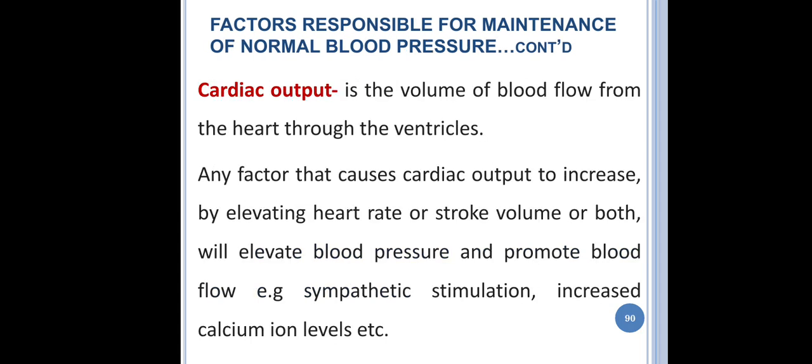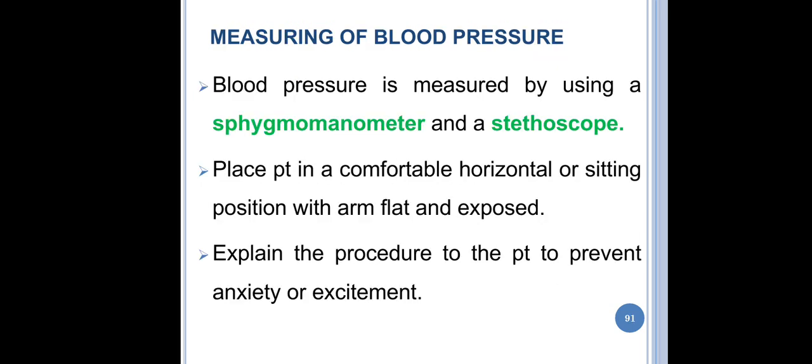Cardiac output is the amount of blood that the heart is pumping per minute. Cardiac output is directly proportional to blood pressure. The higher the cardiac output, the higher the blood pressure. If it is low, then we have lower blood pressure.